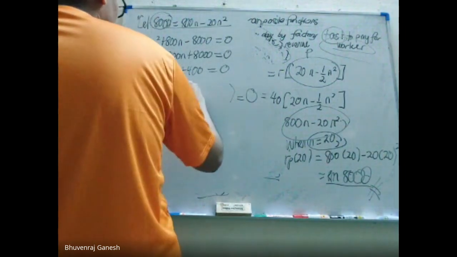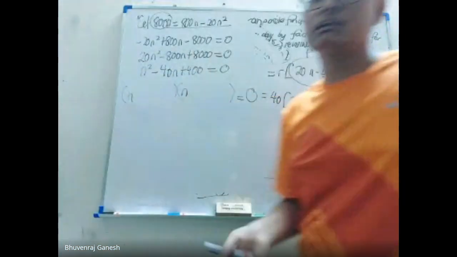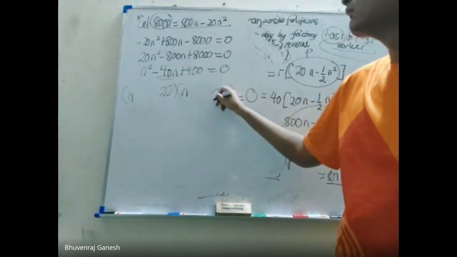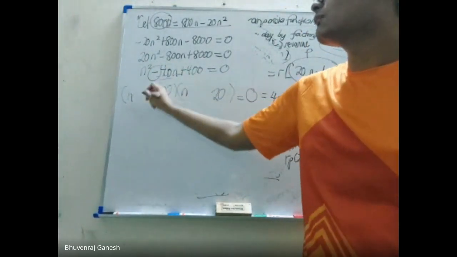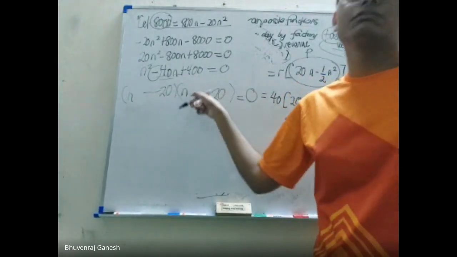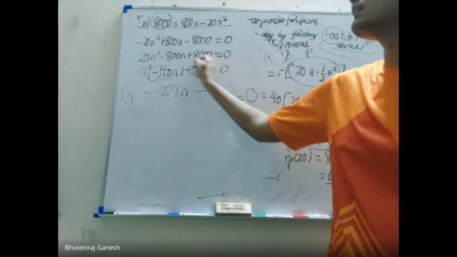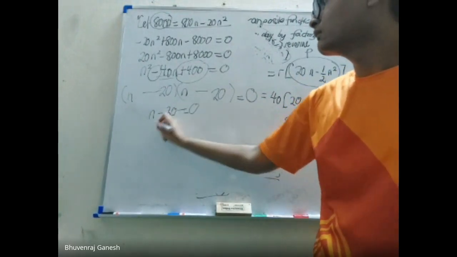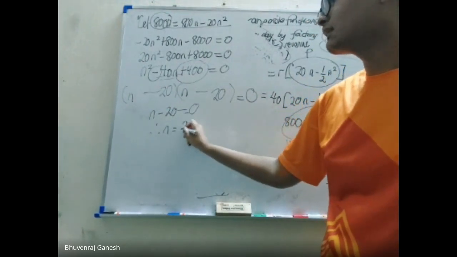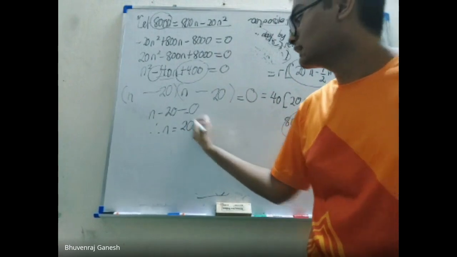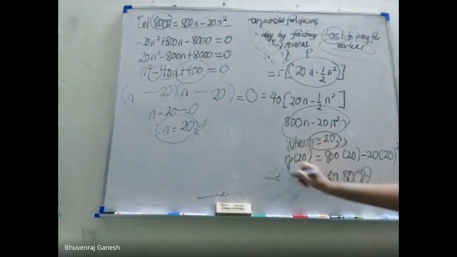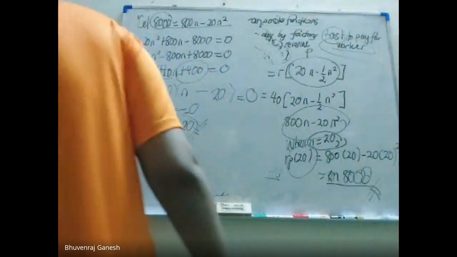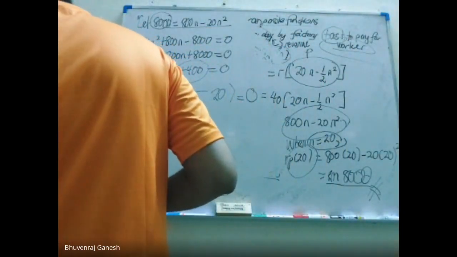So what combination can give you negative 40n, 20 and 20? And you want negative 40n, so both should be negative, because negative and negative you get positive 400. So in conclusion, n is 20. And you see it makes sense with the question here, n is 20. So it's proven already.